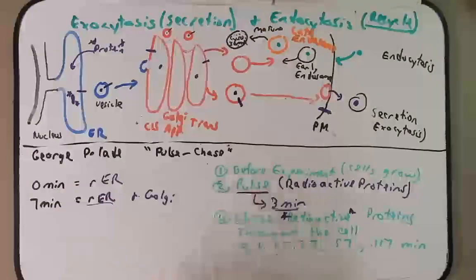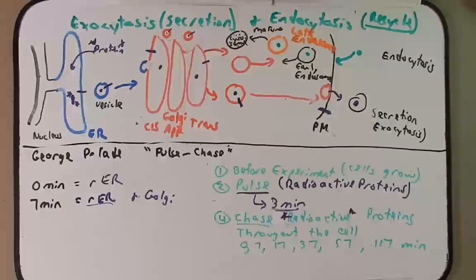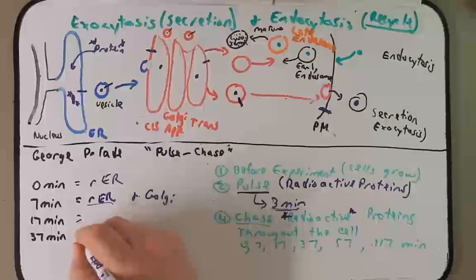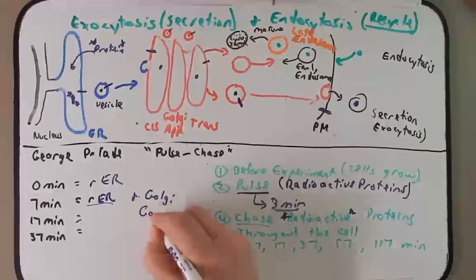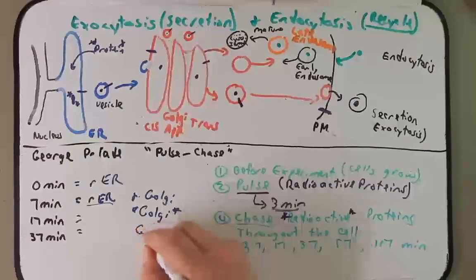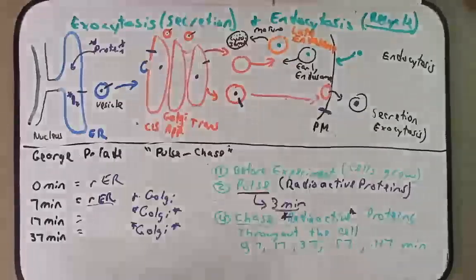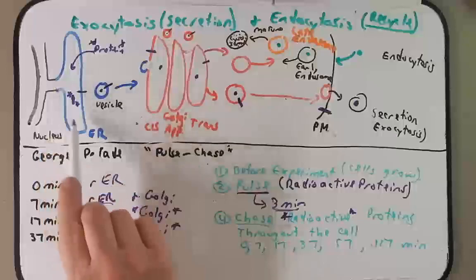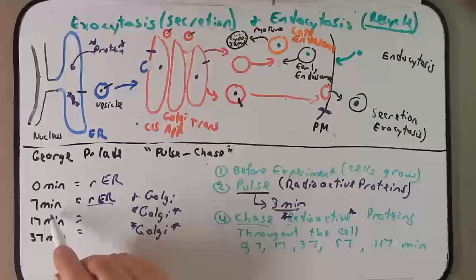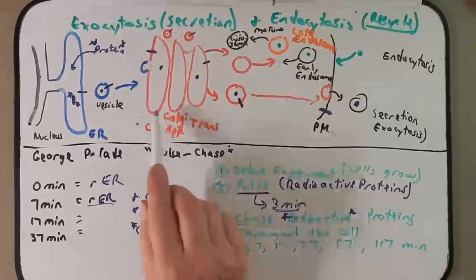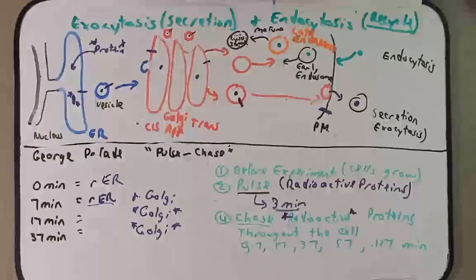And then as you move to 17 and 37 minutes, we started seeing more and more of that radioactive protein in the Golgi. You'd still have some in the ER, but as that protein was being processed through the ER, as time went on to 37 minutes, most of that protein ended up in the Golgi.